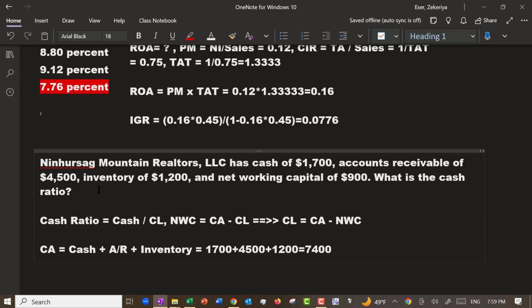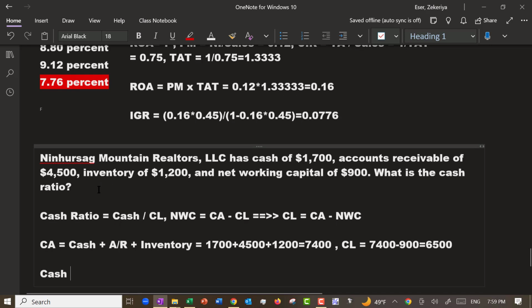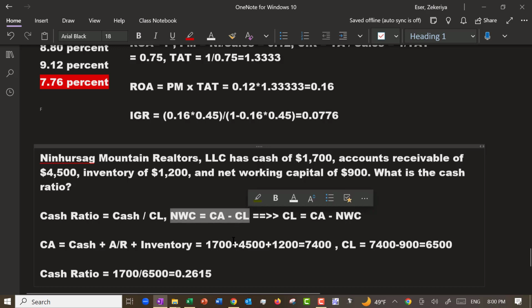So that's current assets, and current liabilities is current assets minus net working capital, which gives 6500. The cash ratio is cash, 1700, divided by current liabilities of 6500, 0.2615. Remember, the key was to recognize what we didn't know and how we could get that information.